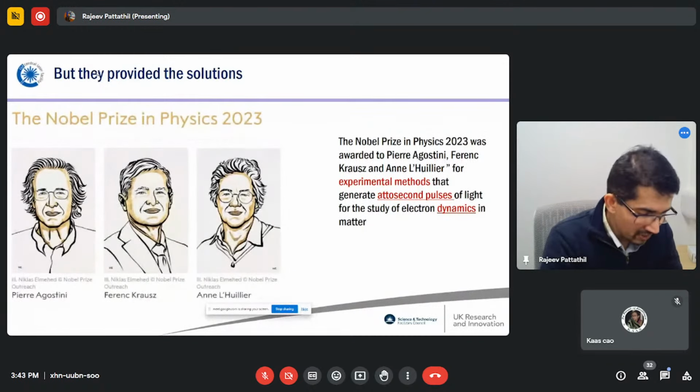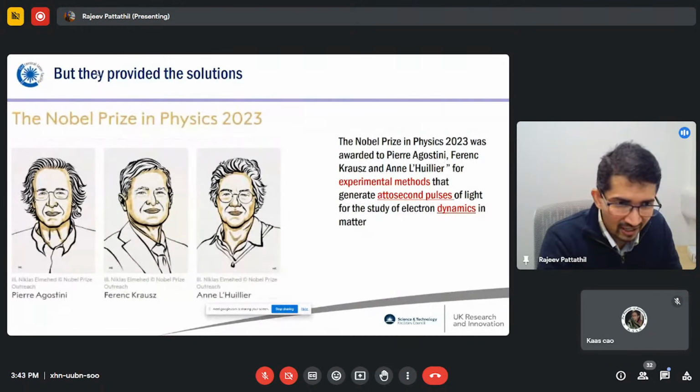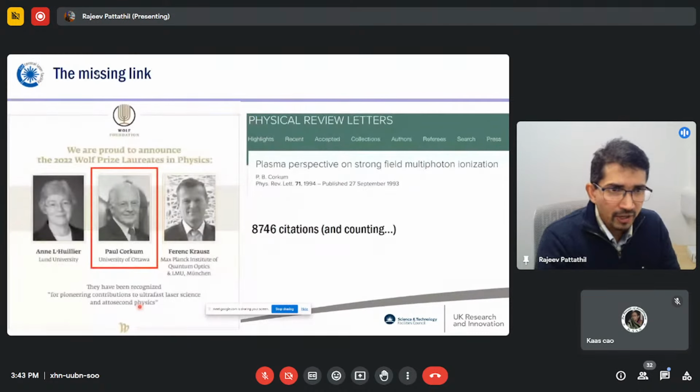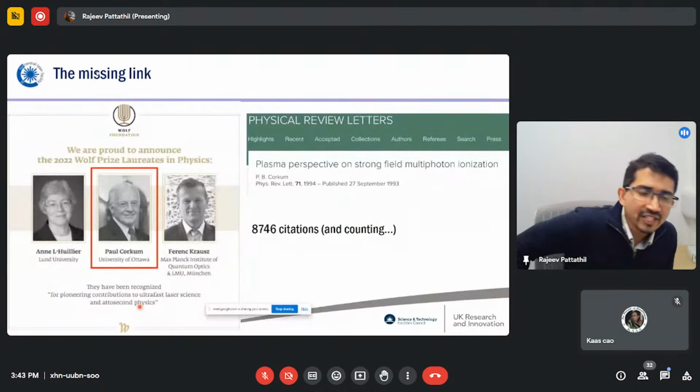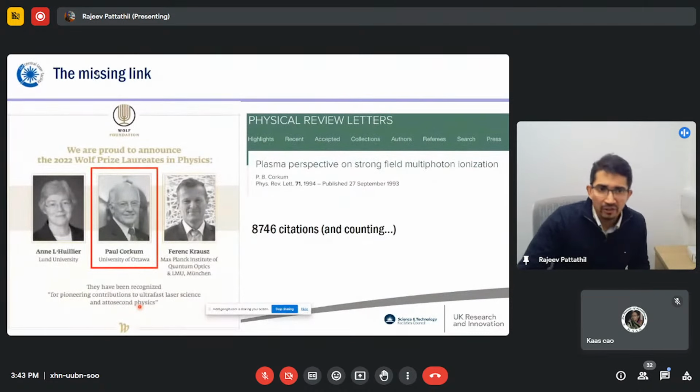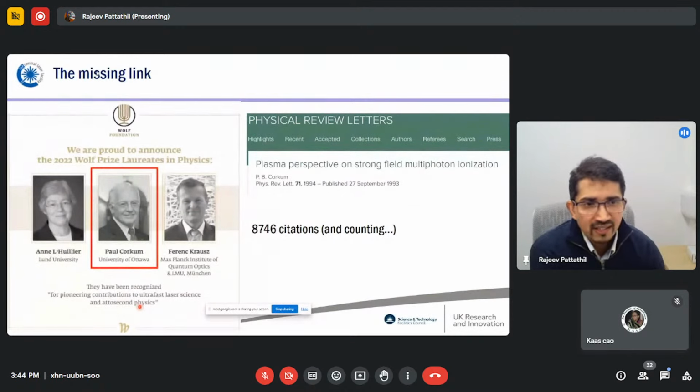This was announced in the first week of October. But last year, there was another announcement of a similar prize called the Wolf Prize, which is considered one of the top prizes in physics, a stepping stone to the Nobel Prize in some sense.